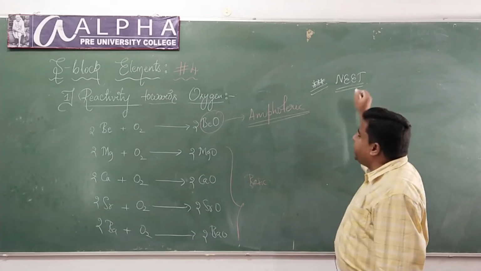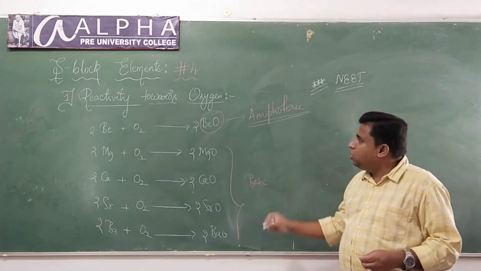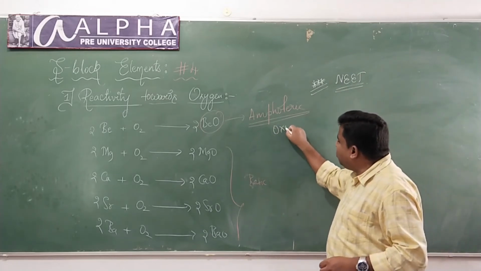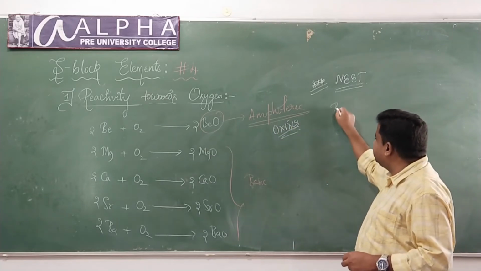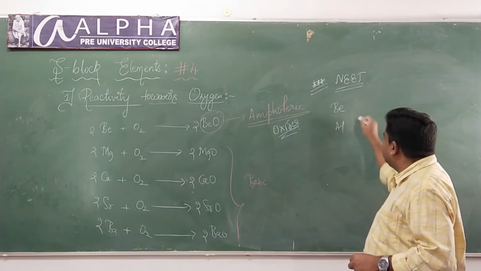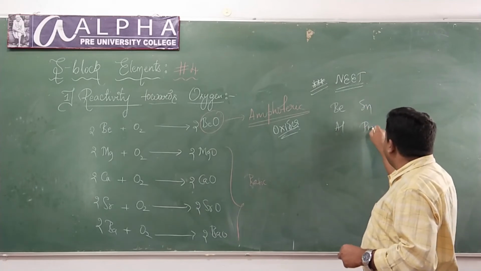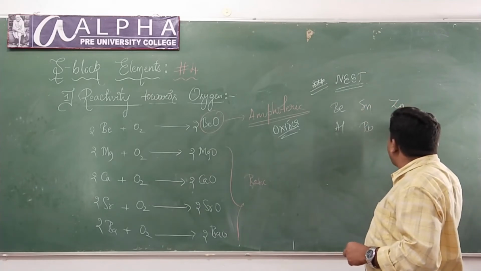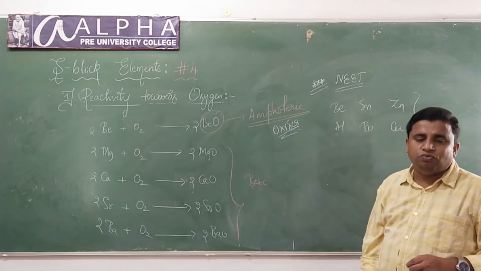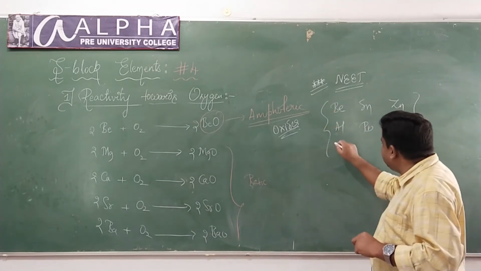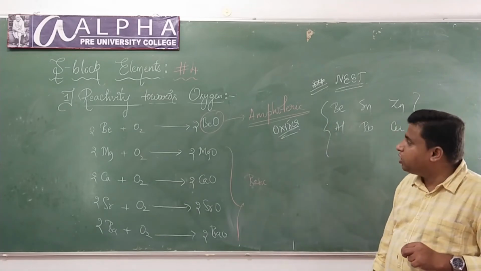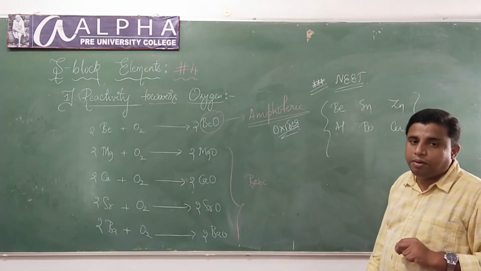Only these few elements will form amphoteric oxides: beryllium, aluminium, tin, lead, zinc, copper. Hope you remember this.